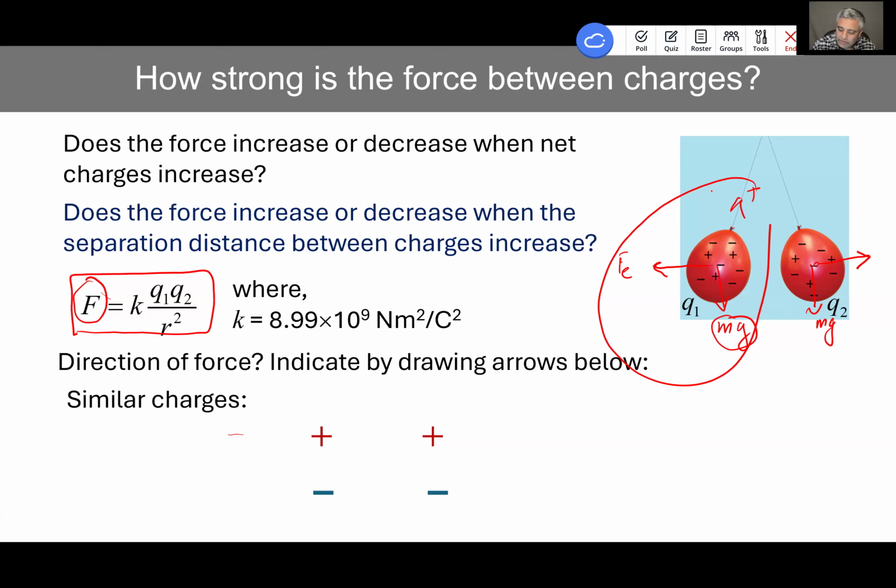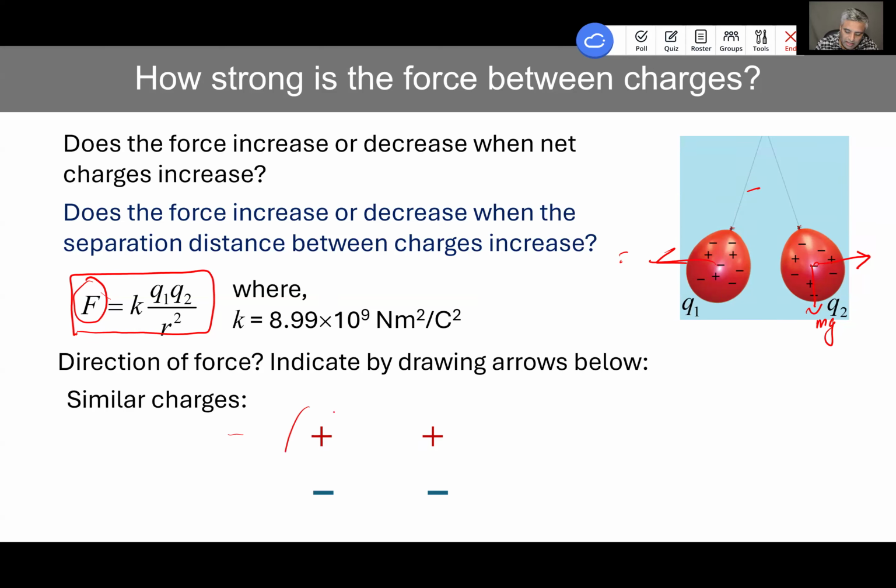The balance among these three forces keeps them in equilibrium at that point, okay? If you push them closer, they're going to move away, and at a certain point, they come into equilibrium. That's when these three forces, tension, the electric force, and the weight, are balanced, okay? So this is similar charges repelling each other.